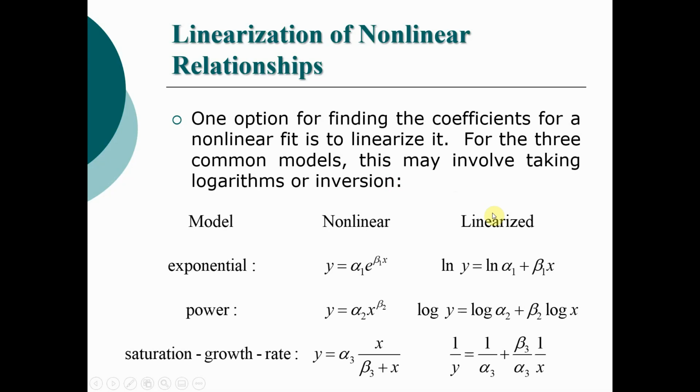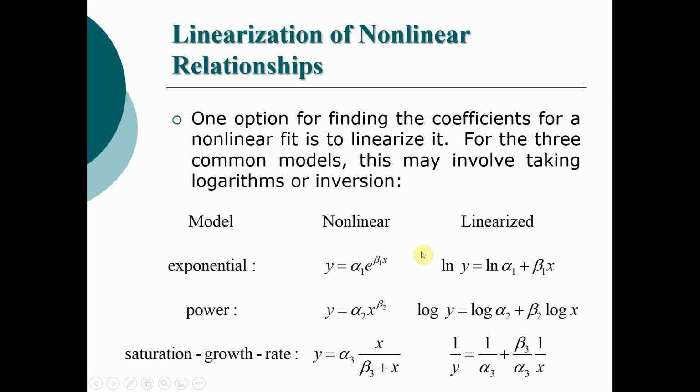a linearized expression. So for this one, if you take the log of both sides of the equality, it makes sense to take the log in base e, the natural log, because here we have e raised to the power beta 1 x. If you take the natural log of both sides, you would have natural log of y on the left hand side.